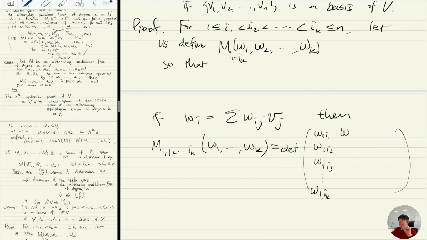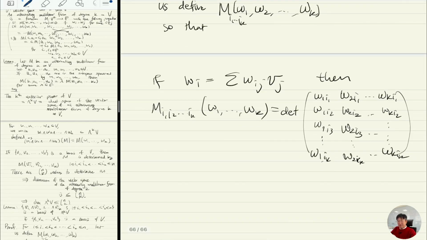So I only look at the coordinate values of i1 up to ik and make a determinant. Then W2,i1, W2,i2, W2,i3, up to W2,ik, and Wk,i1, Wk,i2, up to Wk,ik. All right, so that's a function defined from W1 up to Wk to some value in the field.